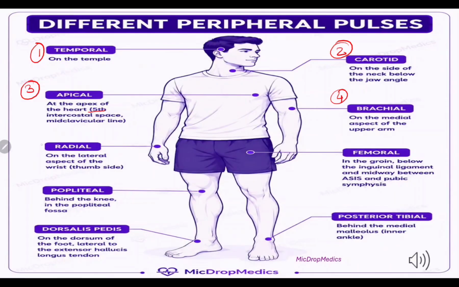Then the radial pulse, which is probably the most commonly checked pulse, found on the thumb side of the wrist. Then you have the femoral pulse in the groin below the inguinal ligament. The popliteal pulse is hidden behind the knee in the popliteal fossa. Then the posterior tibial pulse, which is found behind the medial malleolus, and the dorsalis pedis on the dorsum of the foot.